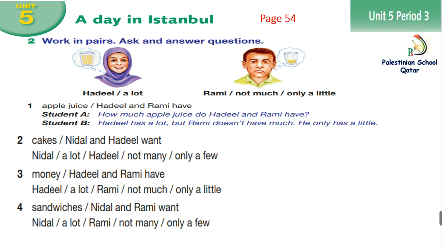Okay, now we have number two. We have cakes, Nidal and Hadil want. This is the question, and the answer, Nidal a lot, Hadil not many, only a few. We need to ask and answer the same questions, but in a different way. Did you guess?